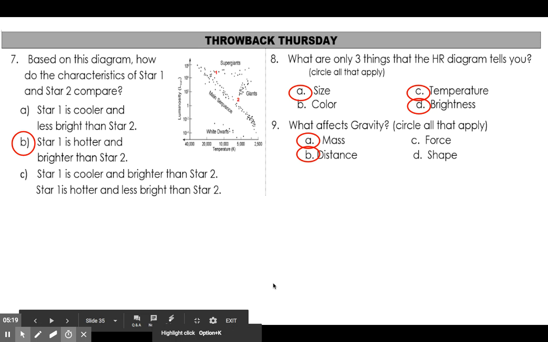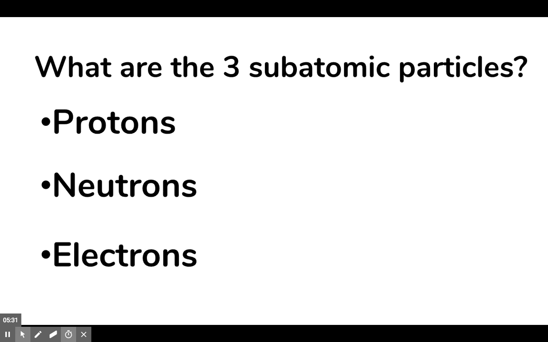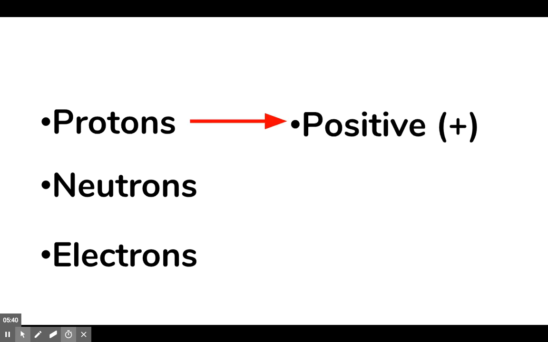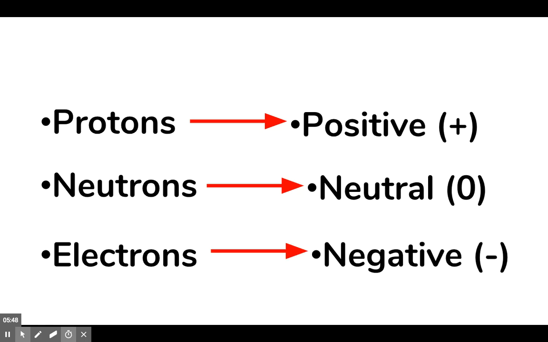All right, so let's go ahead and recap. So we should know that we have three subatomic particles, and they are protons, neutrons, and electrons, and they all have a charge. So our protons are positive, our neutrons are neutral, which means they have no charge, and our electrons are negative.